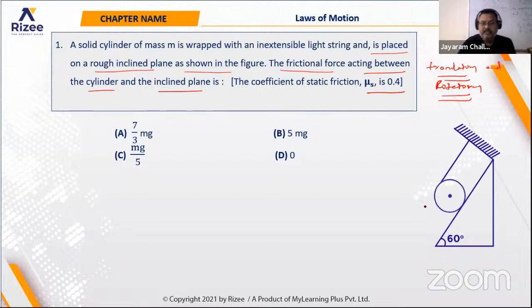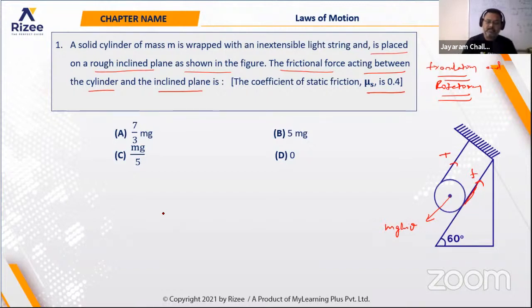So what are the forces that might be acting here? The force acting in the downward direction will be mg sine theta. It is pulling it downward, so tension is going to be in this direction, and friction between the plane and the cylinder is also in the upward direction.